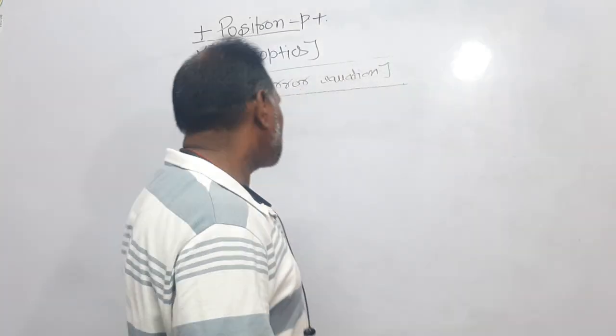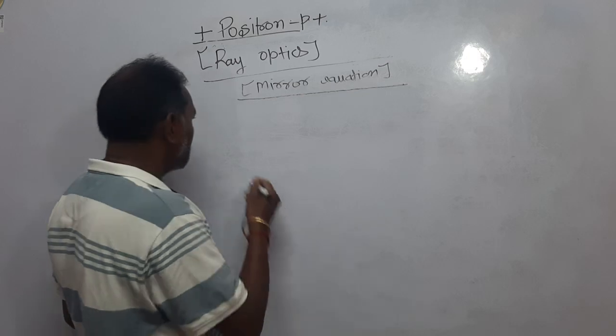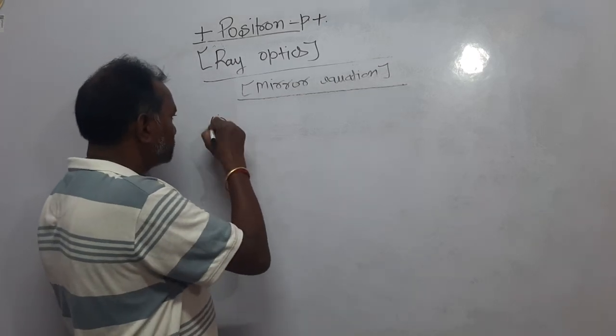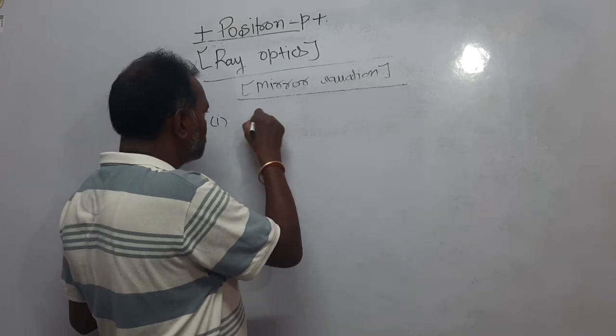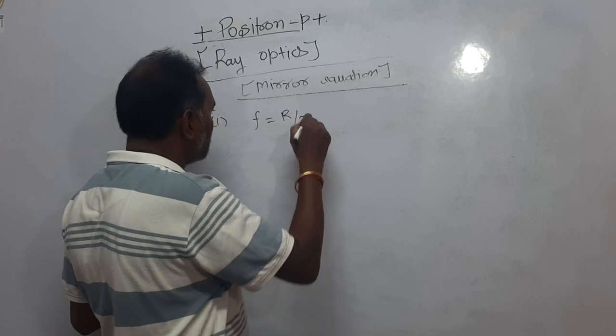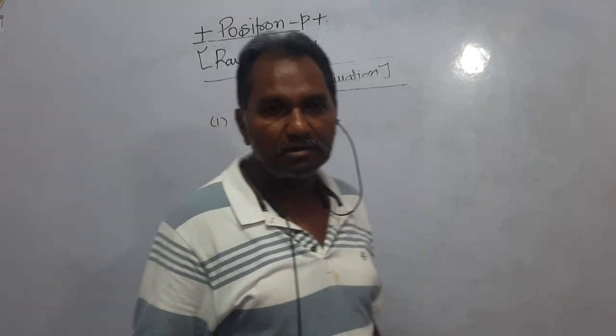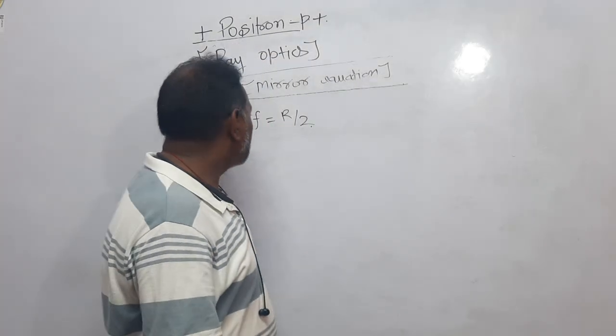Dear students, first we are going to prove that f equals R by 2, and after that we will prove the mirror equation, that is 1 upon v plus 1 upon u equals 1 by f.